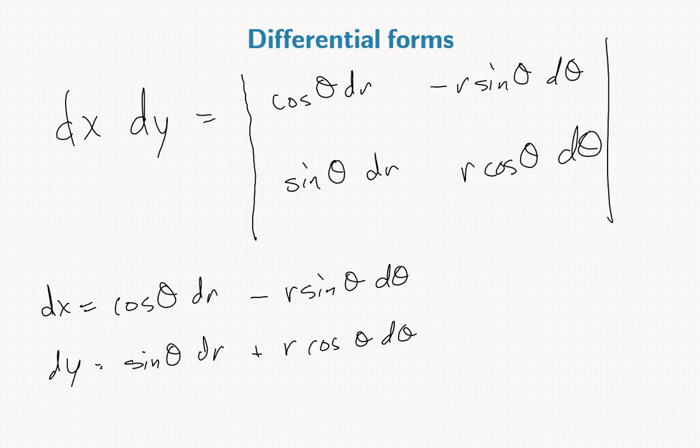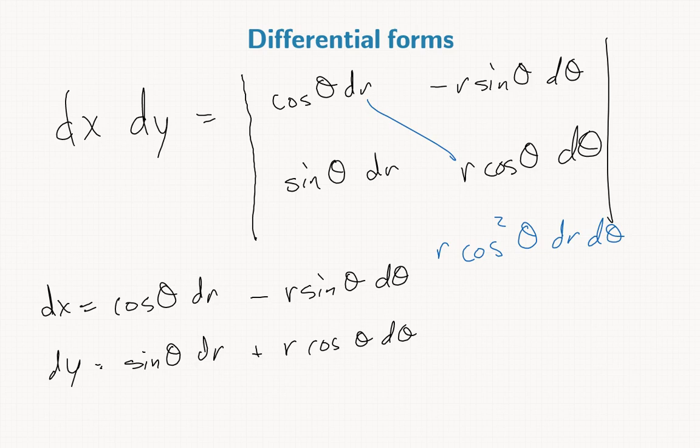So if we take this determinant, then this gives us r cos squared theta dr d theta, and then we're taking minus, minus in the other direction.